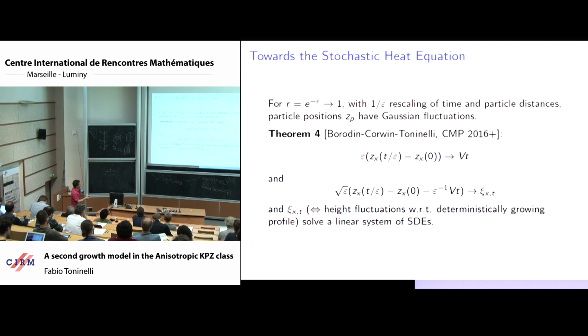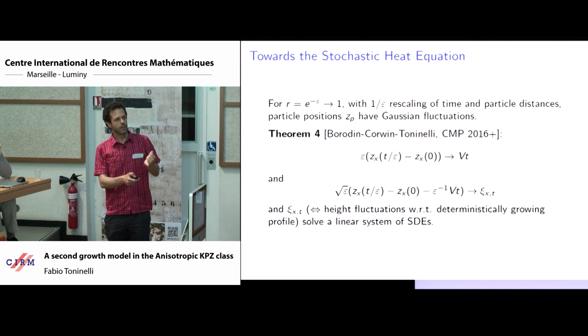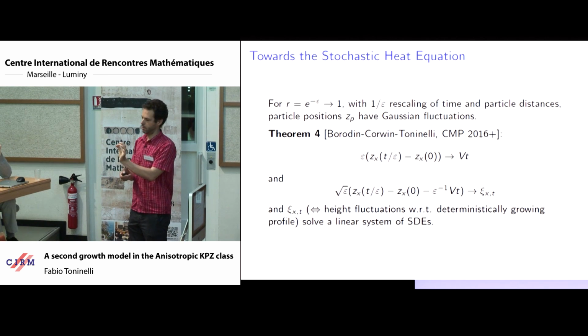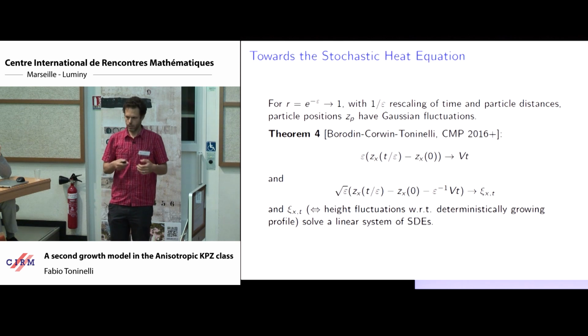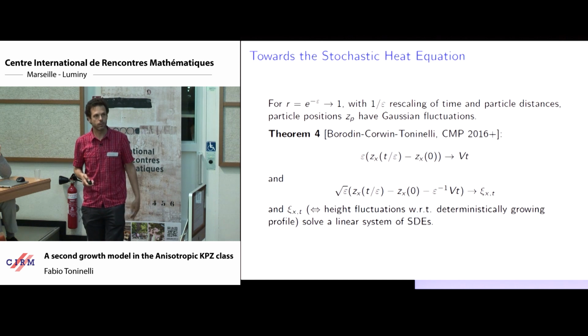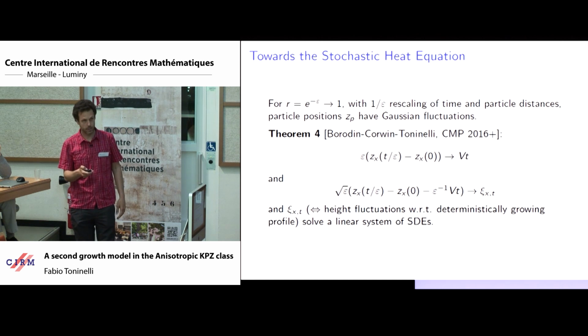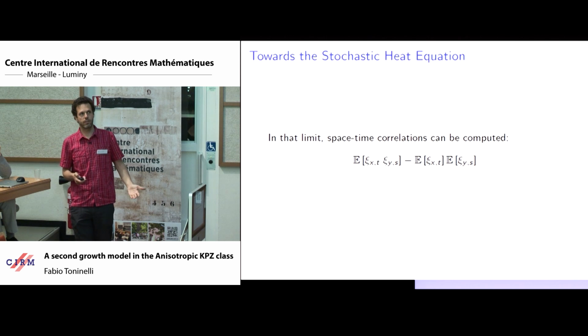Then if you look at fluctuations of order 1 over square root of epsilon, the position of the particles around their typical position converges to the solution of a set of linear SDEs. So in this limit, the fluctuations away from the hydrodynamic limit become driven by a set of linear SDEs. And then once you have this linear system, you can compute all the correlations you like.